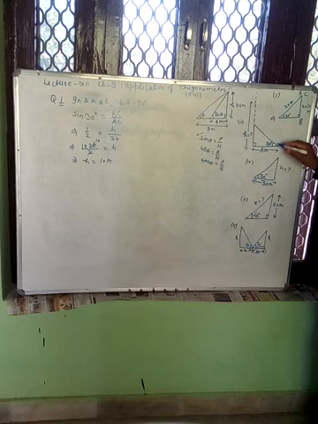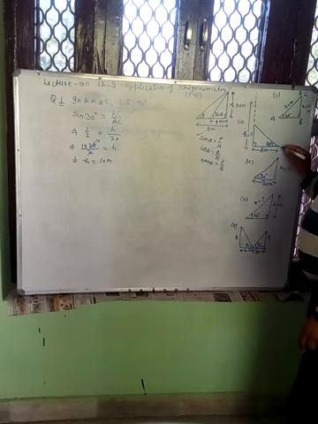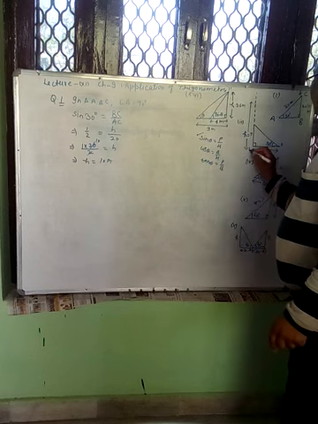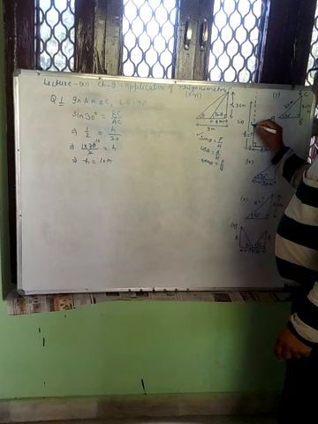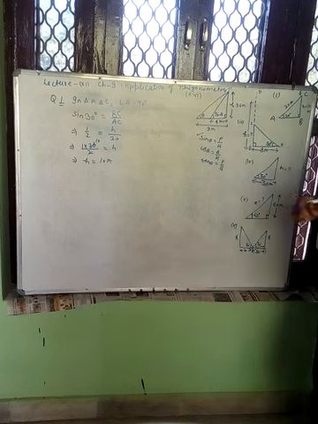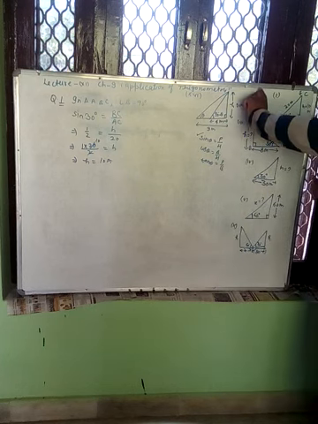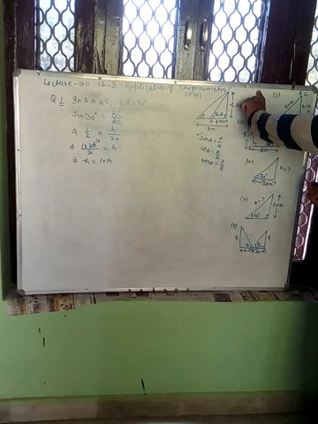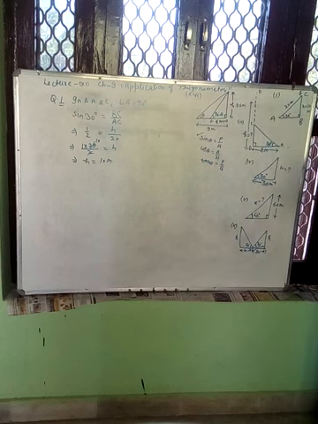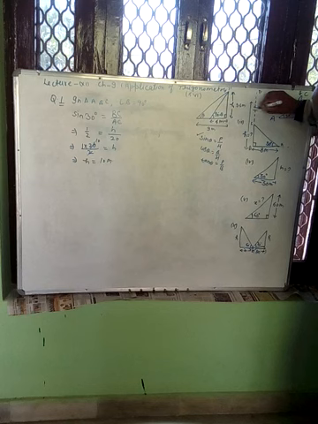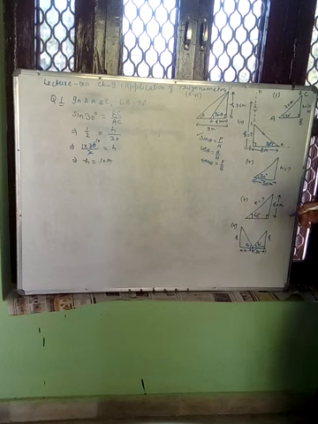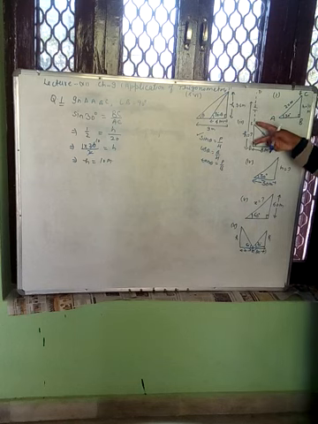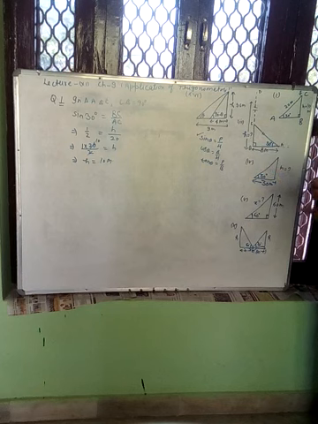This is the ground level, and the top touches this point. This is point A, this is point B, this is C, and this is D. The height of this tree is cut from here and touches the ground here. So this height is equal to this height, and the remaining height of the tree is BC.